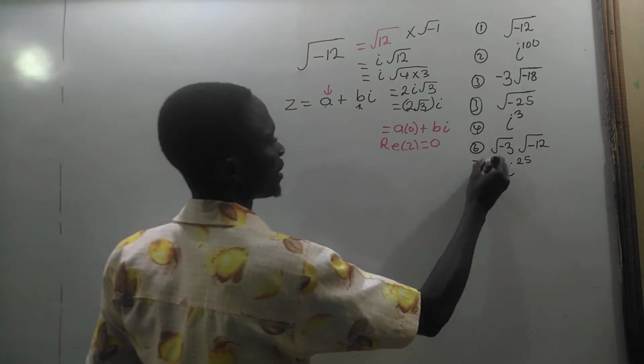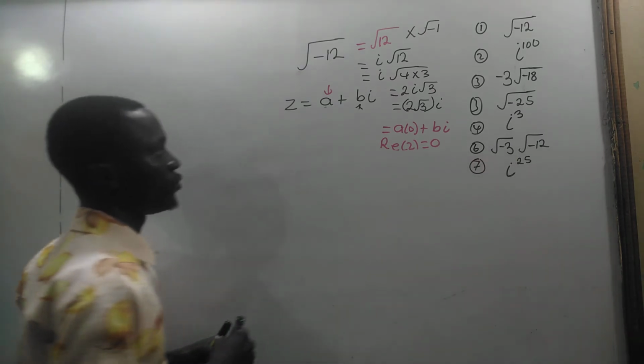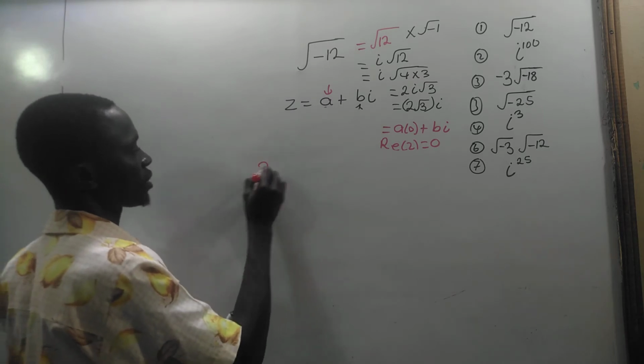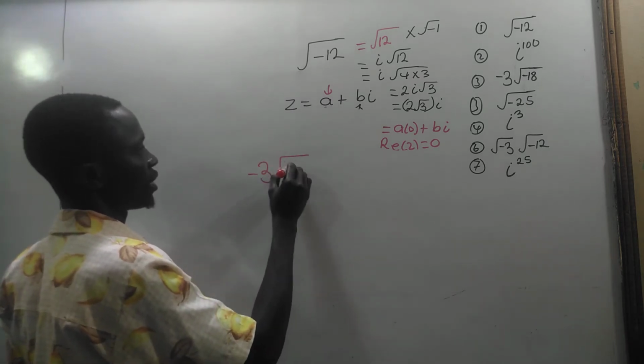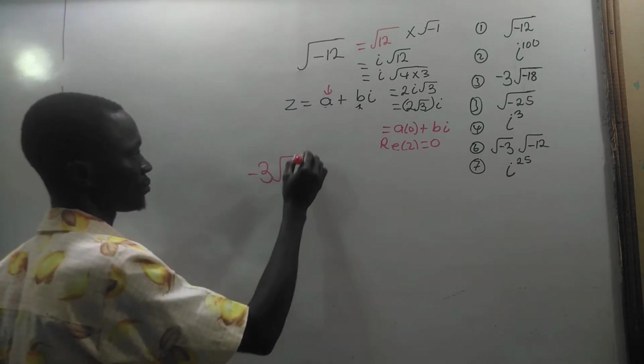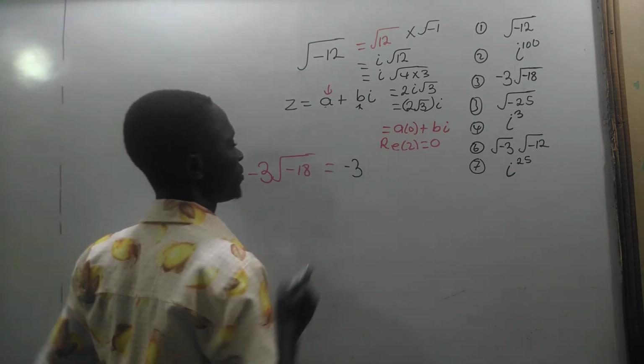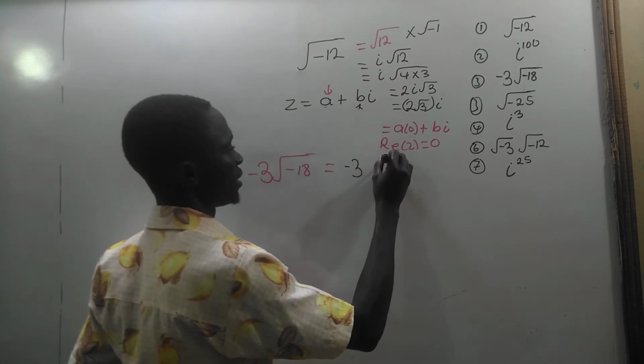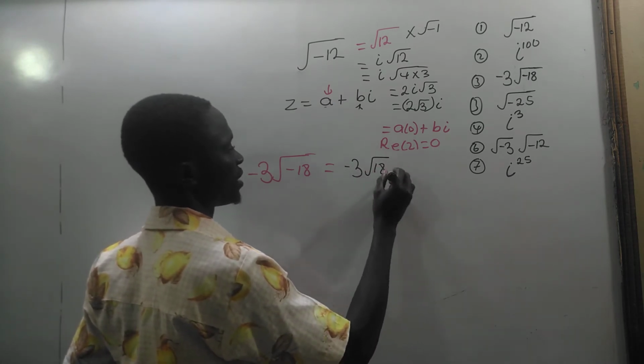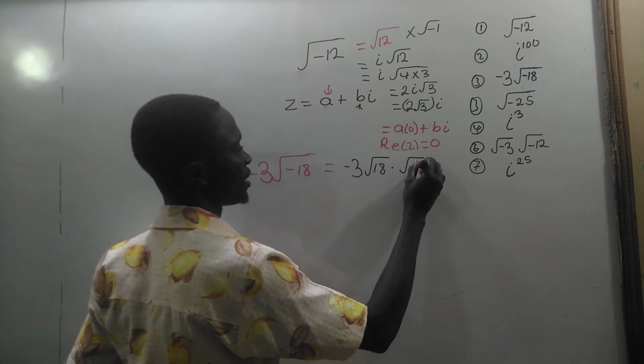If we consider the third question, we have minus 3 and then square root of negative 18, which is the same as minus 3 times the square root of positive 18 times the square root of negative 1.